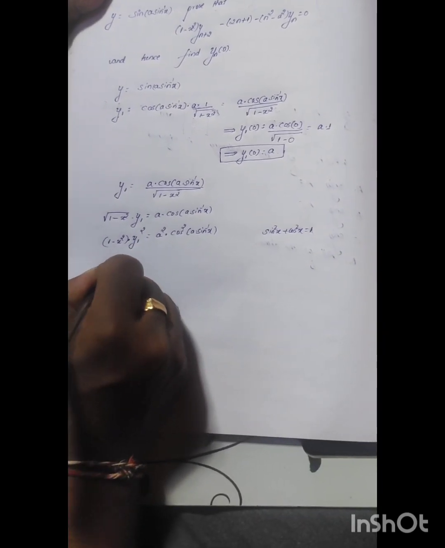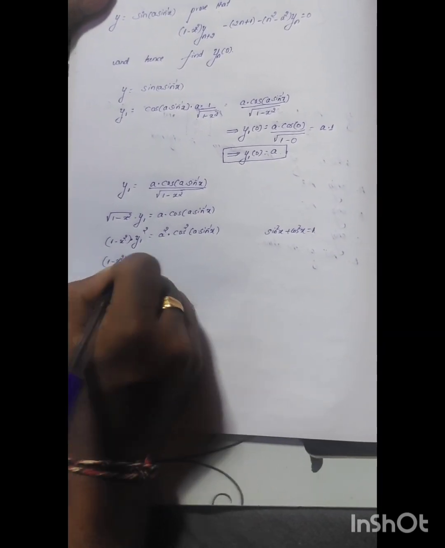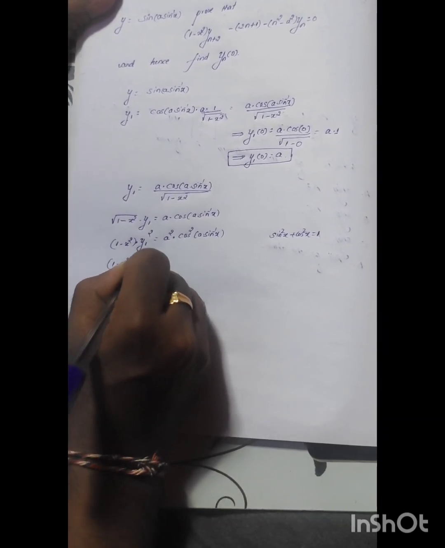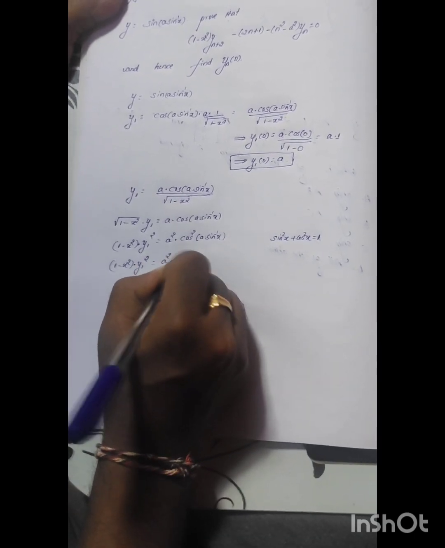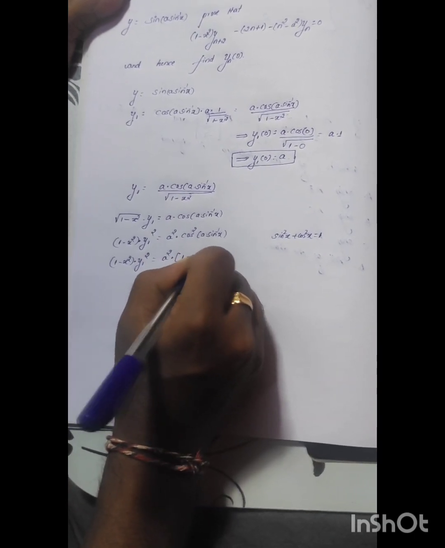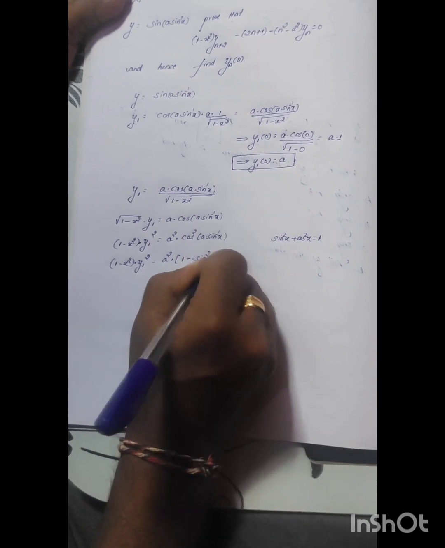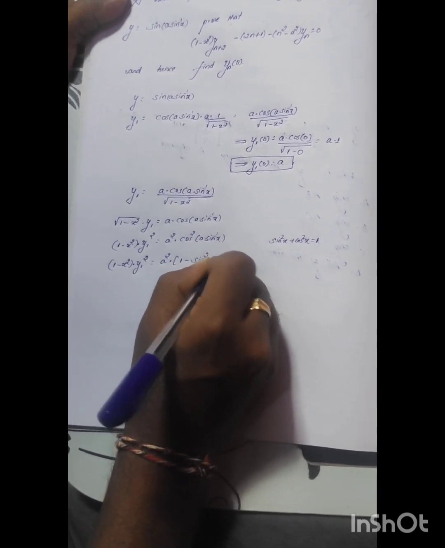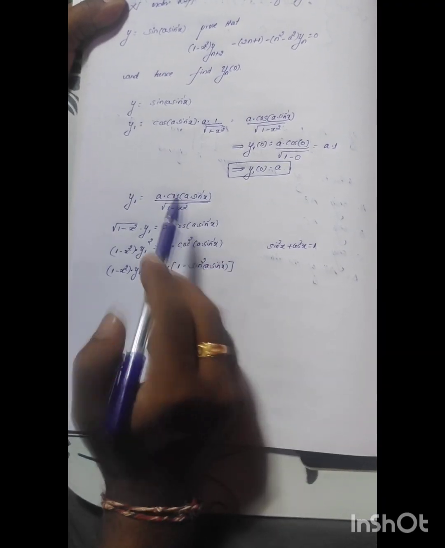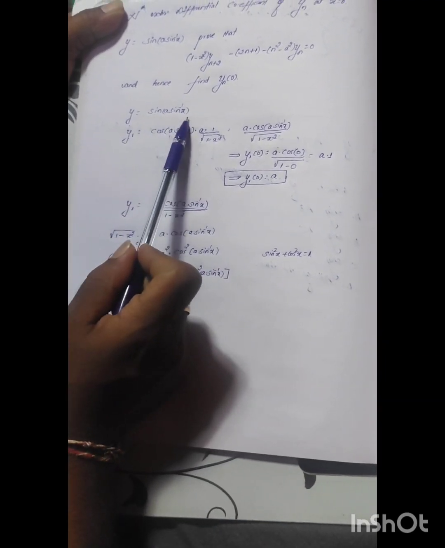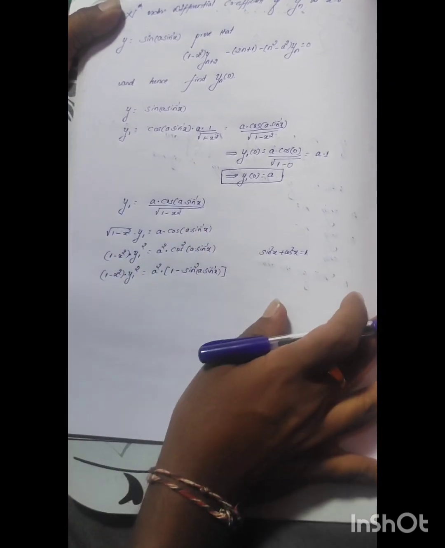So 1 minus x square into y1 square will be equal to a square into 1 minus sine square of a sine inverse x. I wrote this because we have y is equal to sine of a sine inverse x, so that I can replace this term by y square. That will be easy for me to simplify.